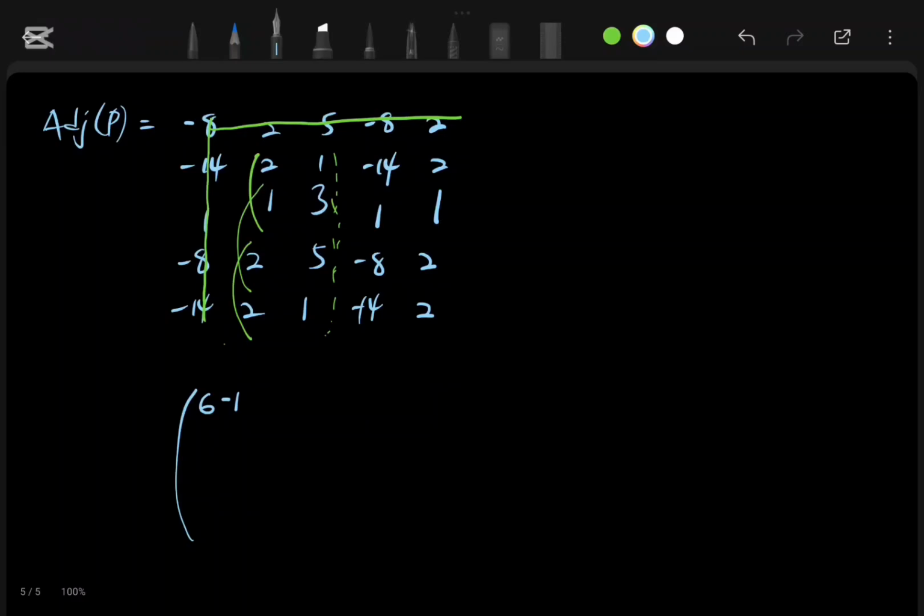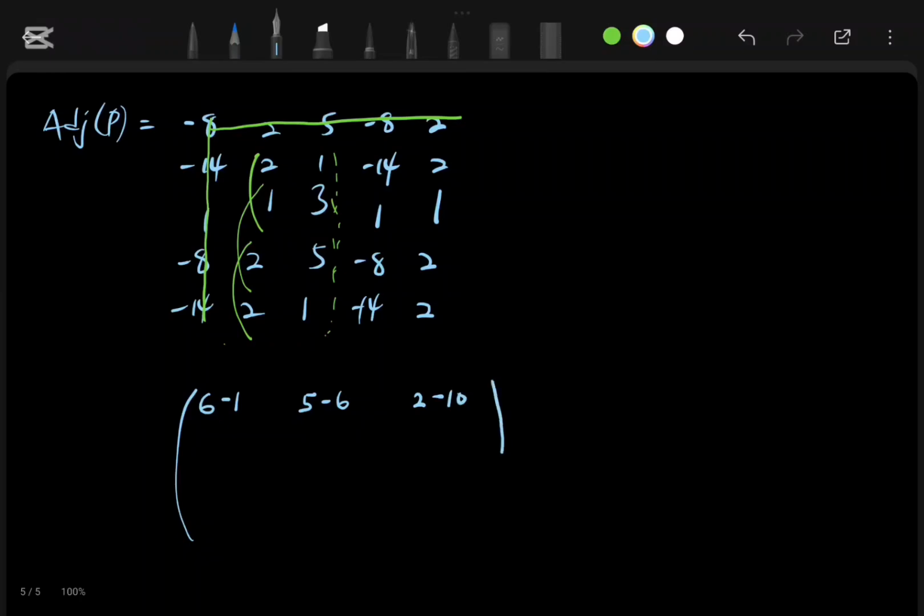Next matrix, which is this, we have 1 times 5, which is 5, minus 2 times 3, which is 6. Remember, you are finding the determinant. We have for this matrix, 2 times 1 is 2, minus 5 times 2 is 10.